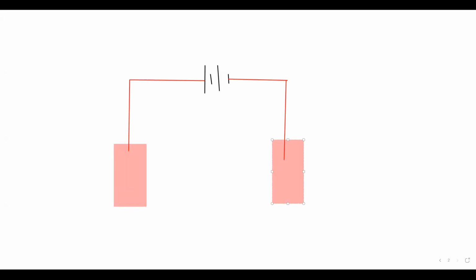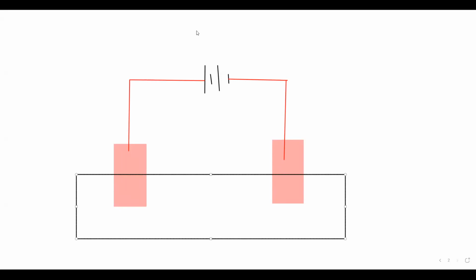So if I provide an electrolytic cell, what is label A?